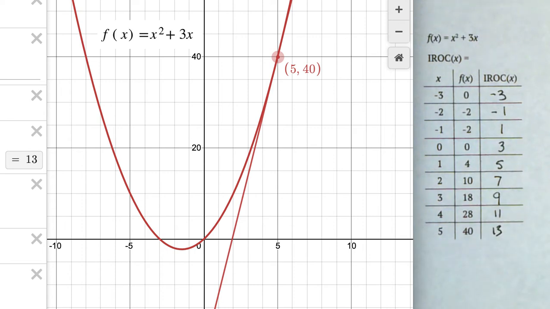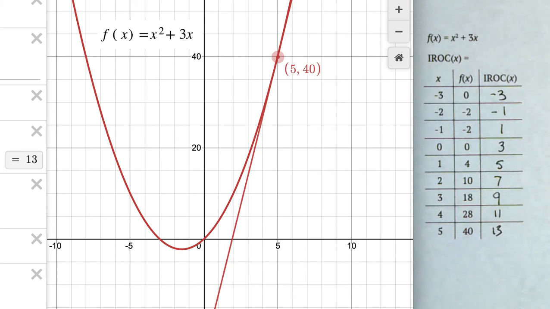If we had a less apparent pattern, we might want to graph these instantaneous rates of change against these x's and try to see what such a graph might reveal. But as we look at this table, what we see is that as x advances by 1, the instantaneous rate of change advances by 2, which means the relationship is linear.